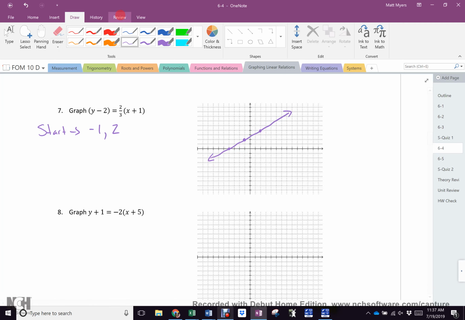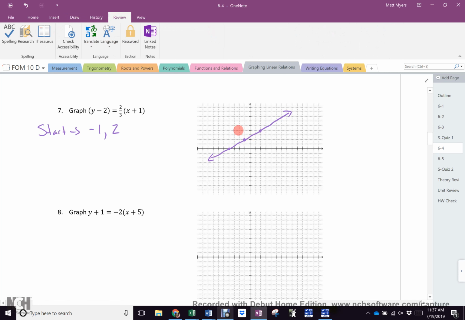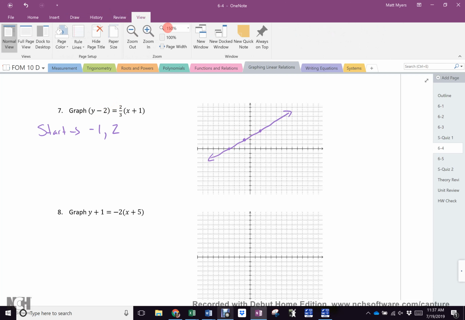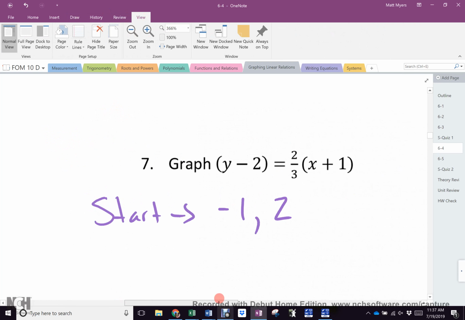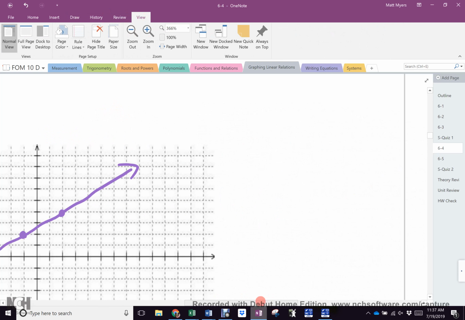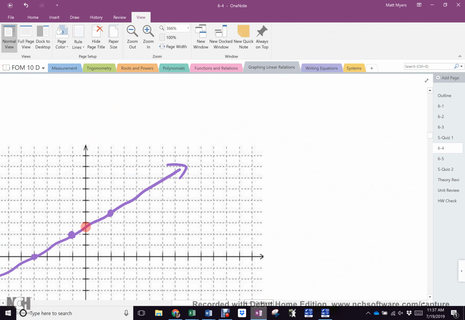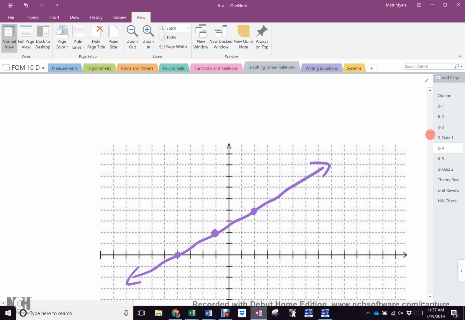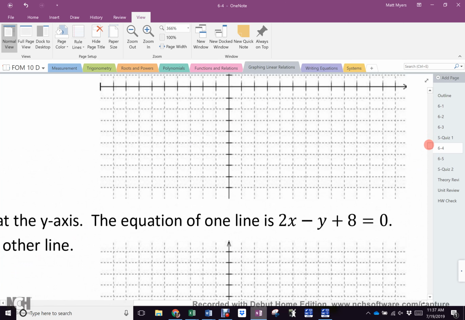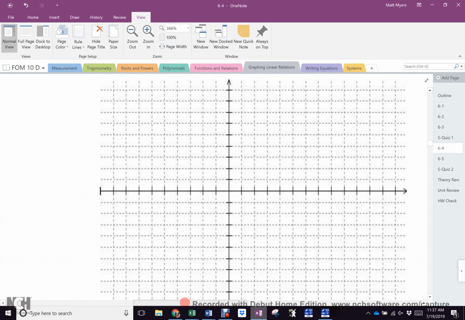Now please notice that this is not a very good candidate for slope-intercept form, is it? Because look at the y-intercept. It's right in the middle, isn't it? Barf. Everybody cool? All right. I'm going to leave it this zoomed in because it makes graphing easier. What's my next one?